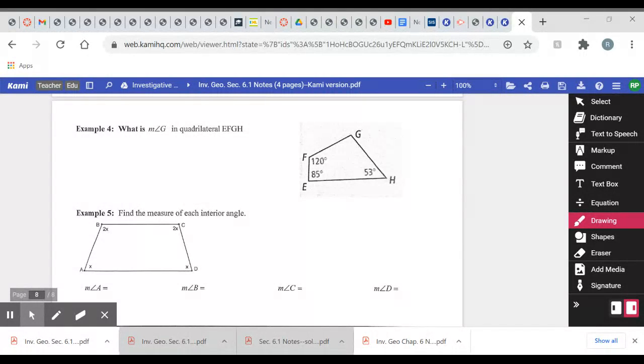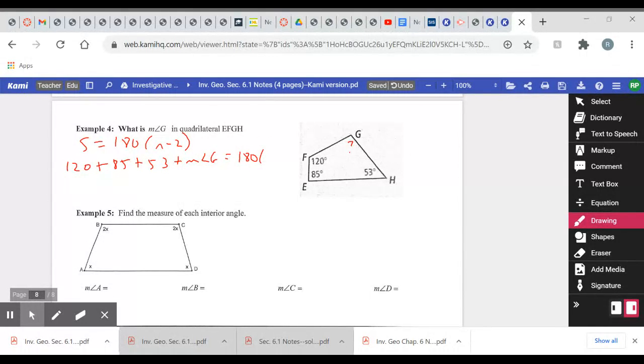Okay, so welcome back. I'm going to go ahead and work through it now. I'm still using this formula. This time it says it's a quadrilateral, and angle G is what I don't know, but everything else is the same. So the sum of the interior angles is 120 plus 85 plus 53 plus the measure of angle G that I don't know is equal to 180 times n.